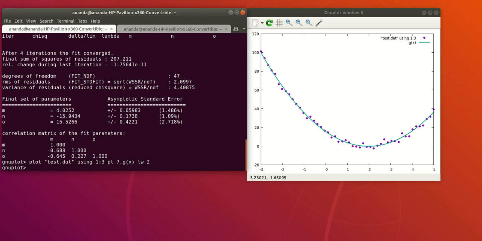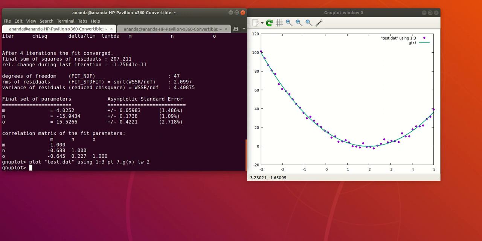So as long as you are doing what is called a linear fit, the procedure is pretty straightforward. You just define the function and then say fit followed by name of the function followed by the name of the data file with using specifiers if you want them, and then say via and give a list of the variables you are going to allow gnuplot to vary.